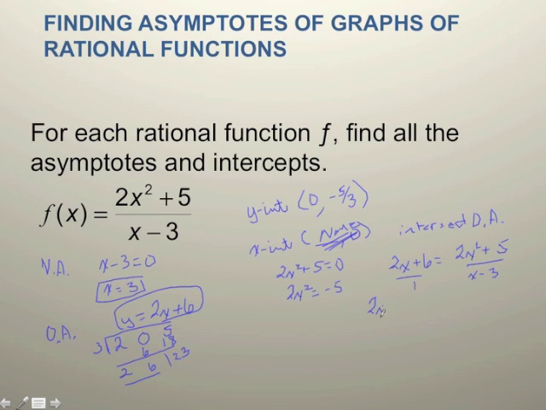So 2x squared, first terms. Outside terms give me negative 6x, and inside terms give me 6x. They're gone. And I'll have negative 18 equals 2x squared plus 5. The 2x squared terms are going to be out. Negative 18 equals 5. Not in my world. So that would be a no.